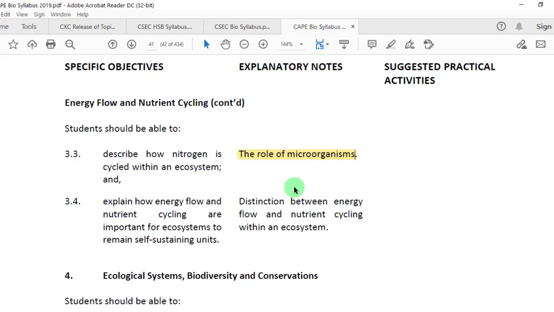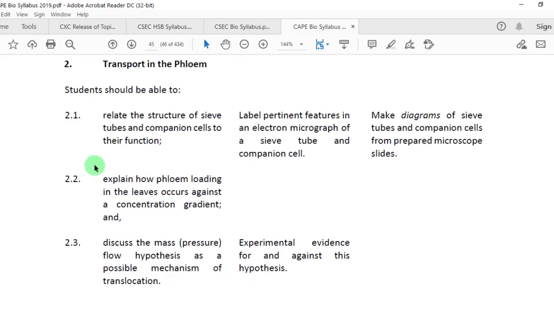And now we're going to look at module 2. Subsection 2, transport in the phloem, is beautifully short, but again, as I said before, it can be deceptively short, because of the level of detail they're going to ask, you're going to have to know things like the mass pressure flow hypothesis, understand the experimental evidence, make sure you know that, right?